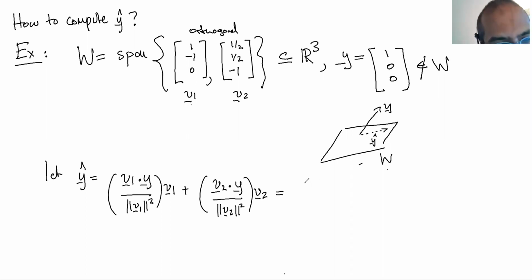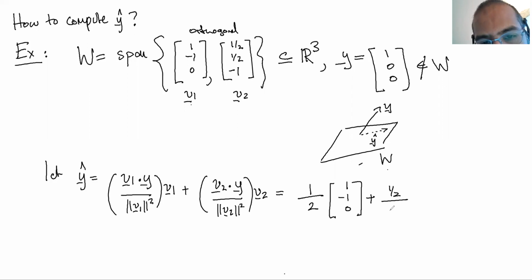So okay, what's u1 dot y? That's 1, over the norm squared of u1, which is 2, times (1, -1, 0). And now what's u2 dot y? Well, that's a half. And what's the norm squared of u2?